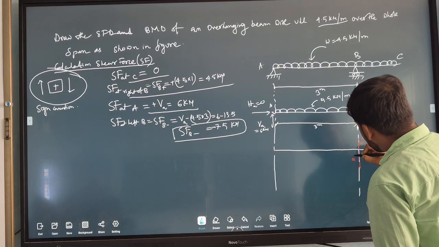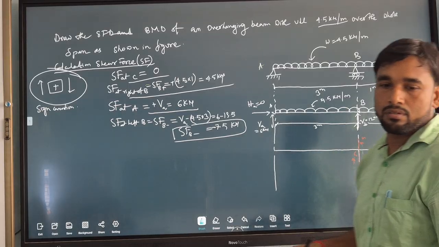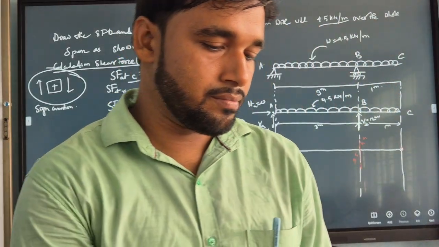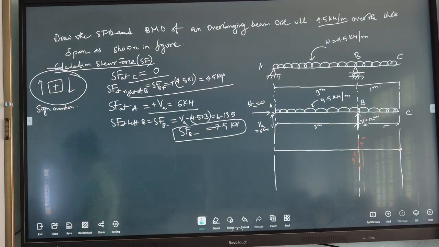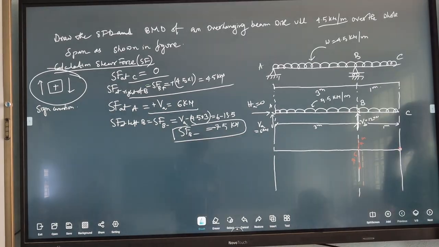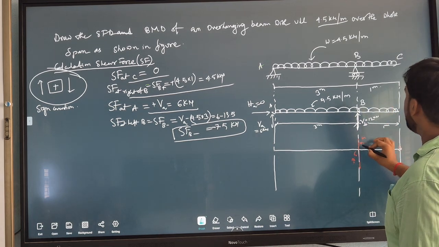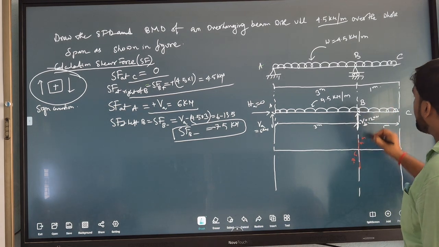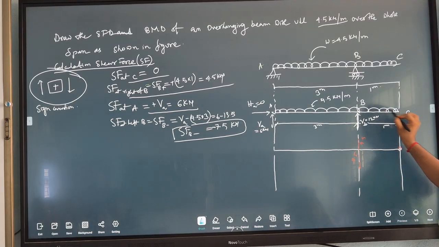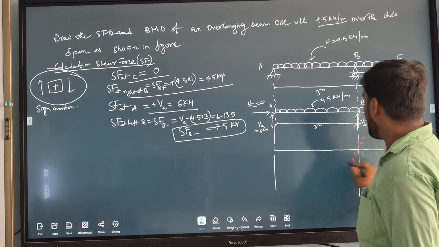So shear force at just right of B is plus 4.5 and at just left of B is minus 7.5.